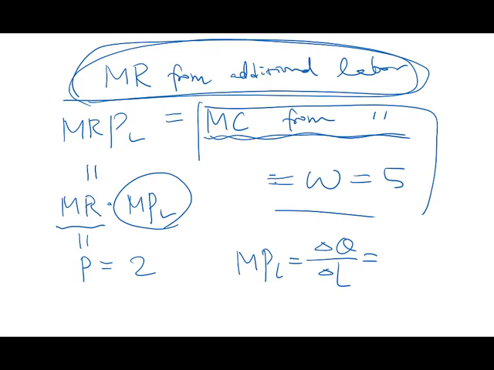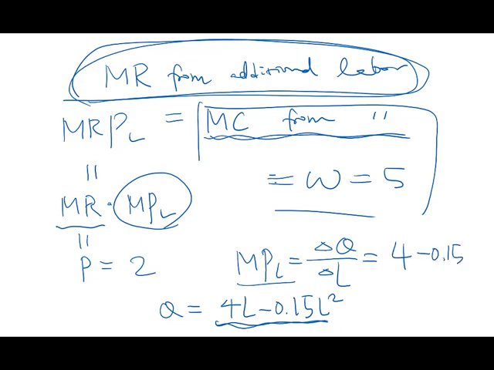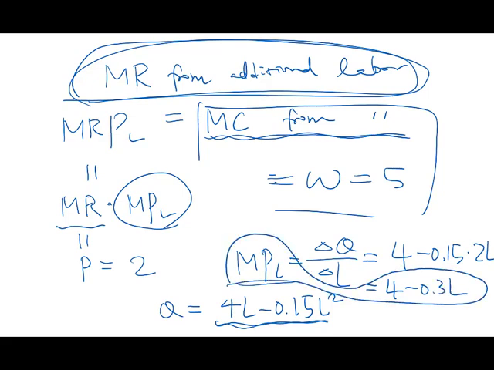So if you look at the production function, Q will be determined by 4L minus 0.15 L square. So when you calculate marginal product of labor, you apply delta operation to here with respect to L. So you have 4 minus 0.15 multiplied to L, right? So basically you have 4 minus 0.3 L. That's marginal product of labor.